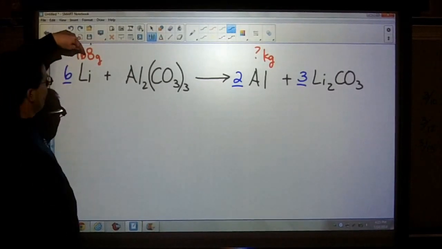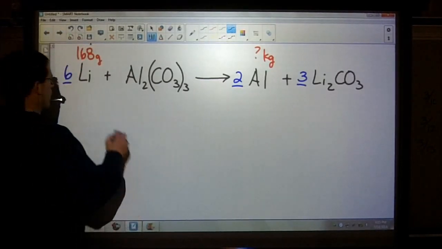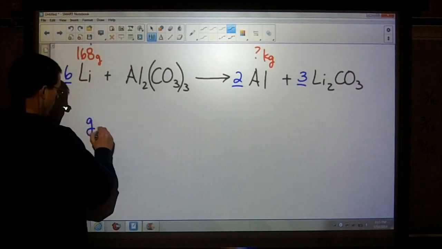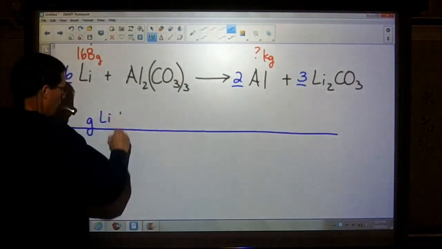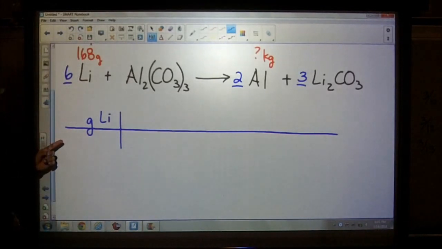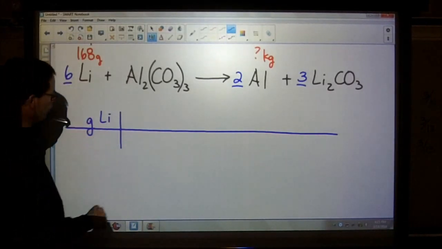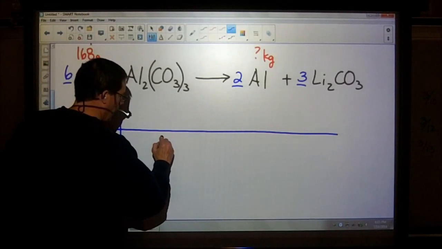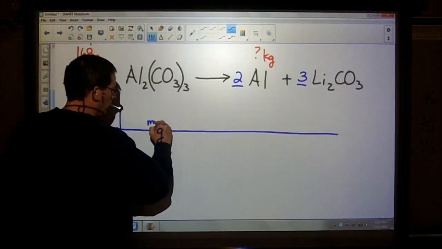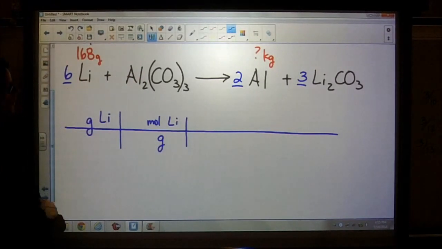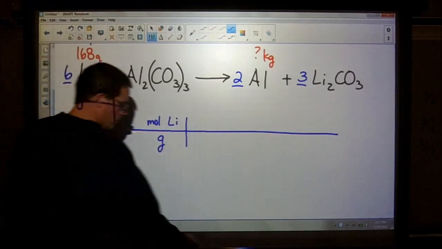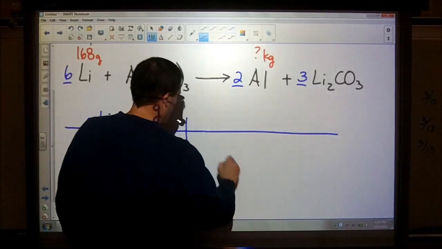All right, start with what you know. In this case, we know we have grams of lithium. Okay, and let's change those grams of lithium into, that's right, moles of lithium. So move your grams diagonally, and we'll put moles of lithium on top. Okay, and then we want to get rid of the moles of lithium by using the mole ratio.